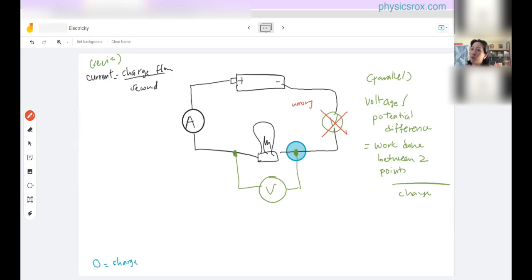Same thing if you try to put the ammeter like this, in this position. When you put it like that, it's wrong. Why? Because remember the ammeter is measuring the current going through it. If this is the charge going through it, it's measuring how much charge goes through. The ammeter you put there, but the current is flowing here. Then the ammeter, nothing comes here, 0. Like imagine you are sitting here, waiting.